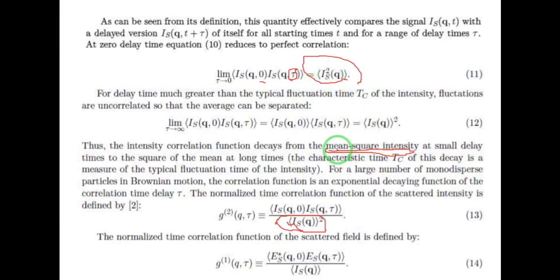It is stated here, it is the mean square intensity, and because it is normalized, we have the xt to the power of 2, and here it is normalized to the xt to the power of 2. We will get finally the normalized correlation as 1.